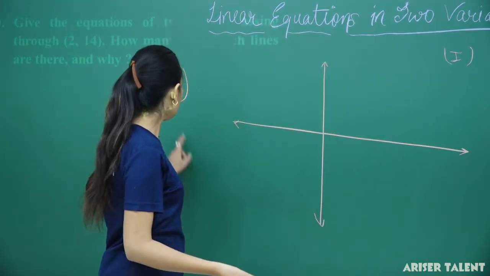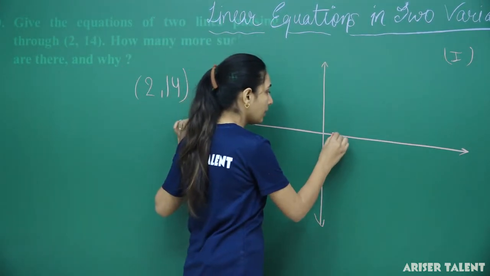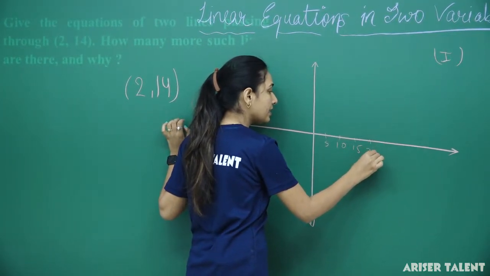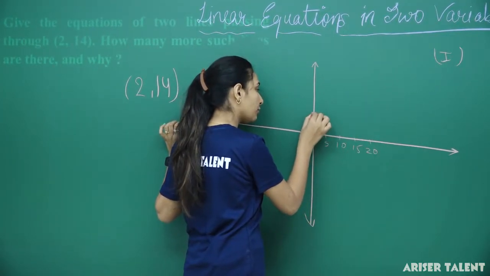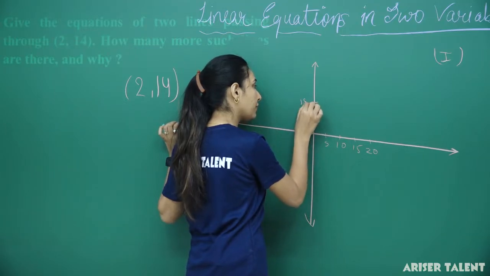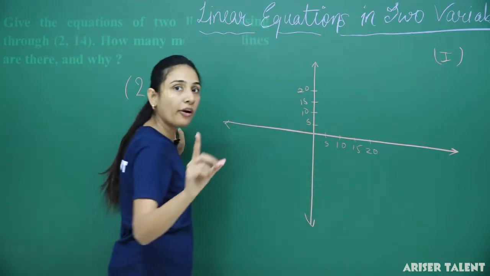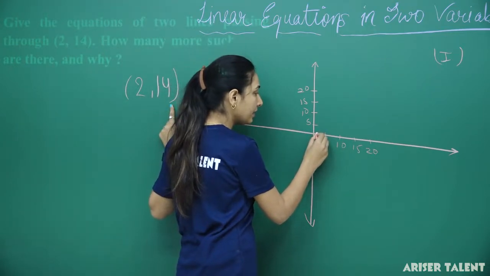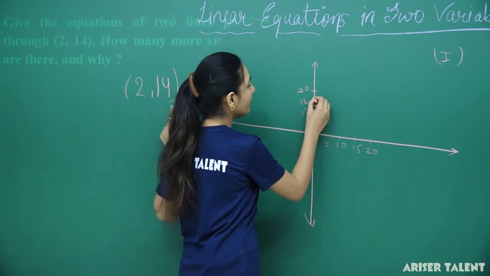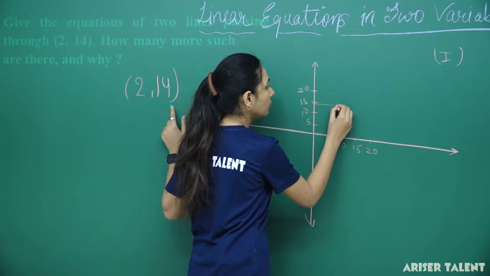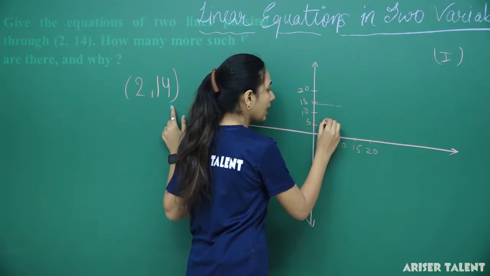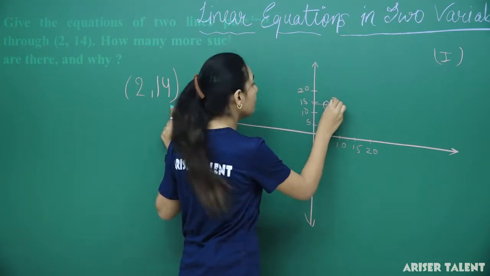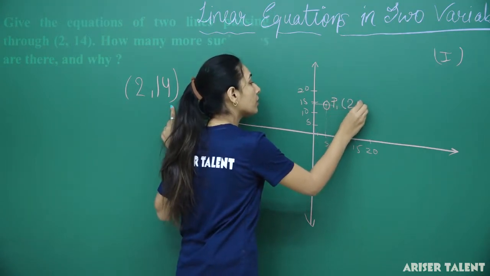If I take 5, 10, 15, 20 on the x-axis, likewise I will take 5, 10, 15 and 20 on the y-axis. Now the point is 2 and 14. So 2 on the x-axis and 14 on the y-axis, and when we meet them, the point will be this. This is the given point. Let's suppose P1 is 2 comma 14.